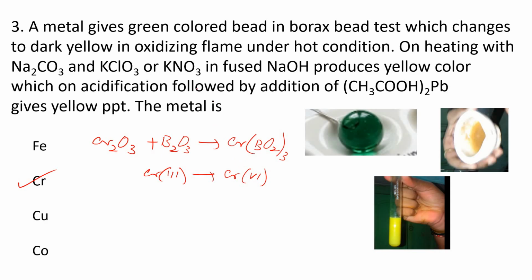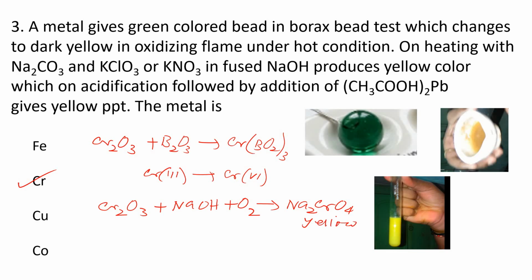Now coming to the next part, that is the fusion test. Here what happened? Chromium 3 oxide plus either sodium carbonate or sodium hydroxide plus oxygen, which comes from the potassium chlorate, gives sodium chromate, whose color is yellow.